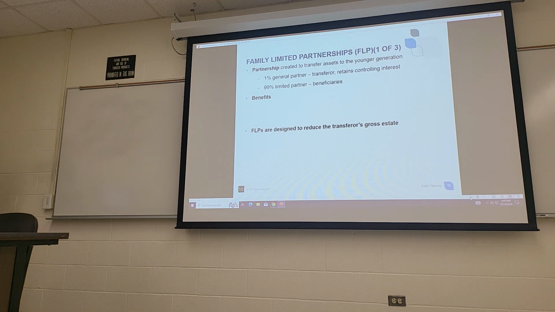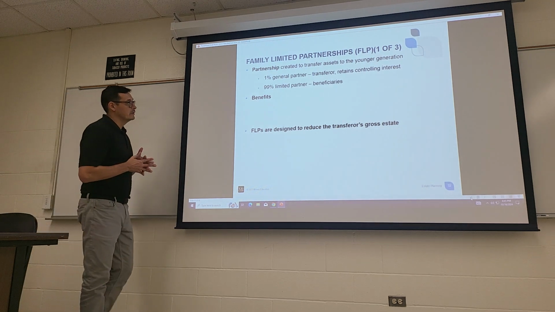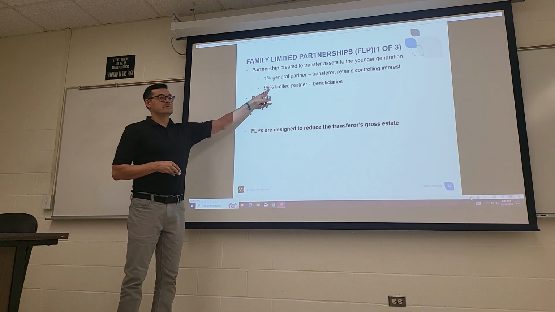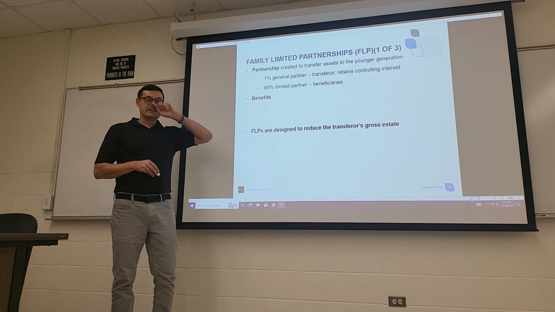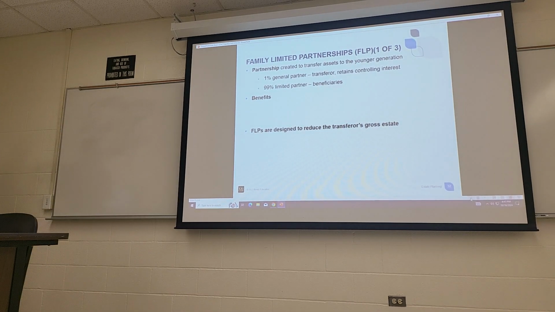Okay, so you have a business or something. You create a partnership between what they call a general partner and limited partners. The general partner retains a 1% interest in, let's just call it a business.